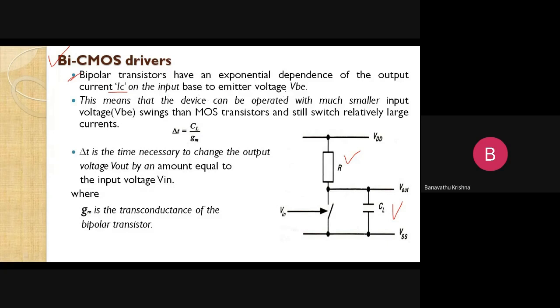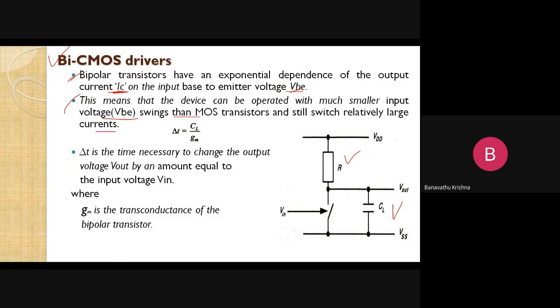Means a very small amount of input current is going to charge it. How? The collector is heavily doped, the emitter is moderately doped, and the base is lightly doped. So with very little input voltage there is a current across this device. This means that the device can be operated with a much smaller input voltage, that is VBE, swing than a MOS transistor, and still switch relatively large currents.